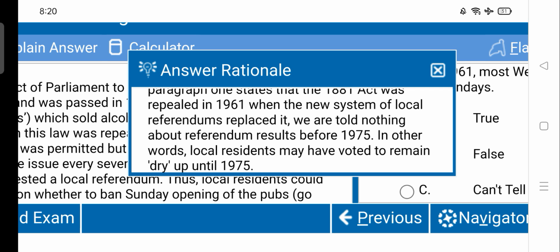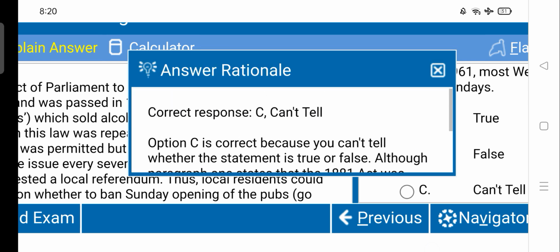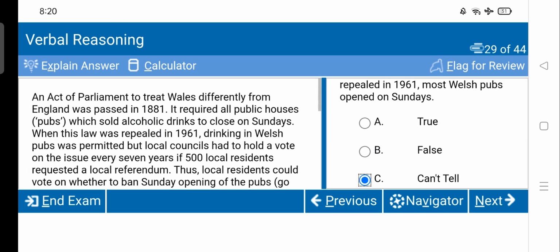We are told nothing about referendum results before 1975. In other words, local residents may have voted to remain dry up until 1975. So that's why the correct option is C, that is can't tell.